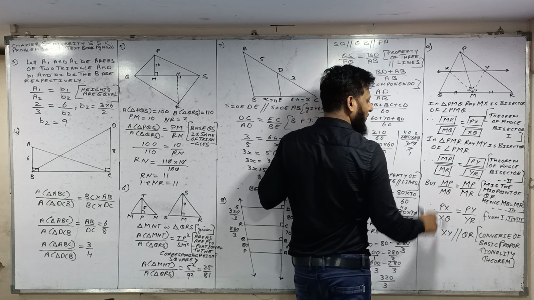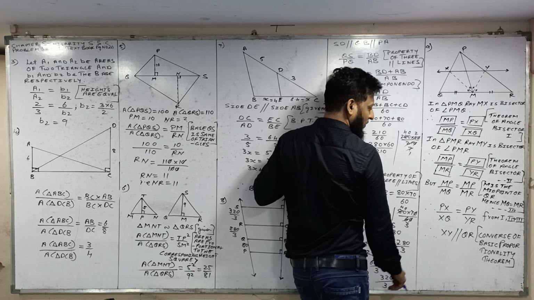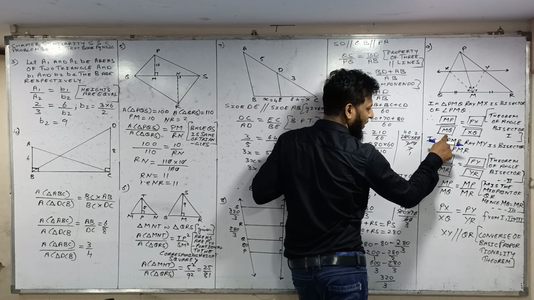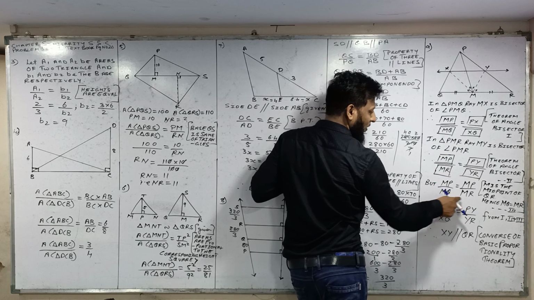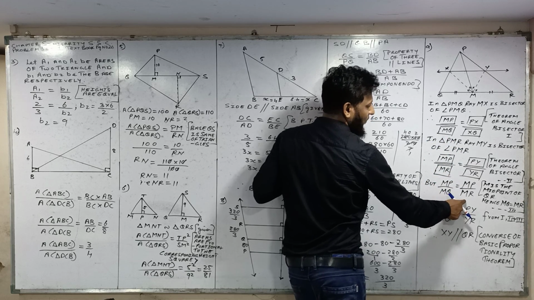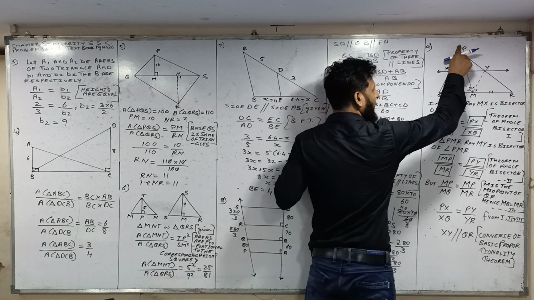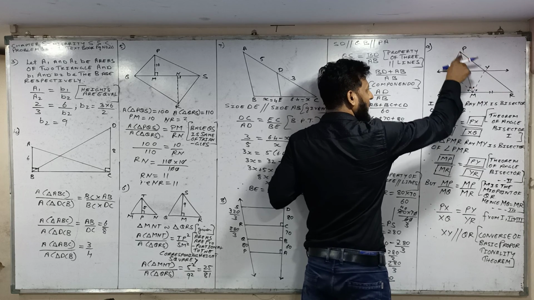Okay, so we can write PM or MP, same. Now MP is equal to MP, and you can see this MQ equal to MR given. Why? Because M is the midpoint of QR. PM is the median.